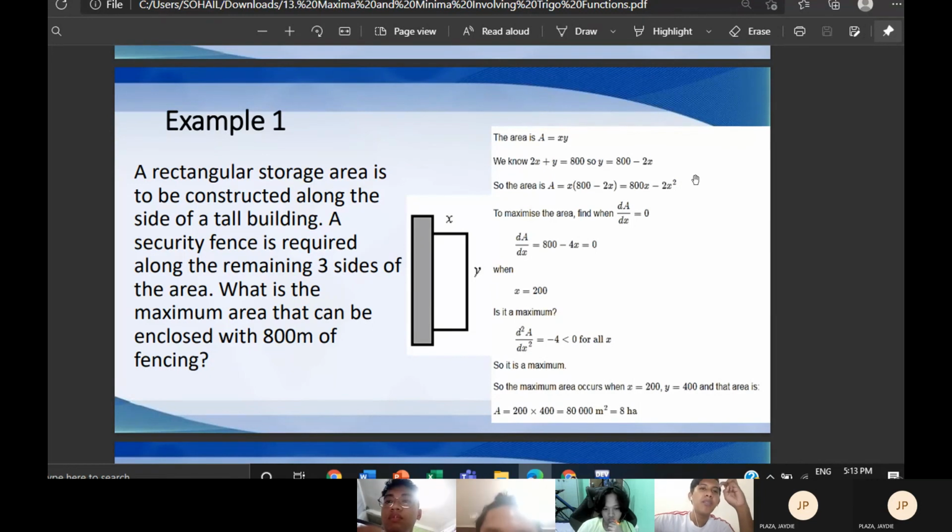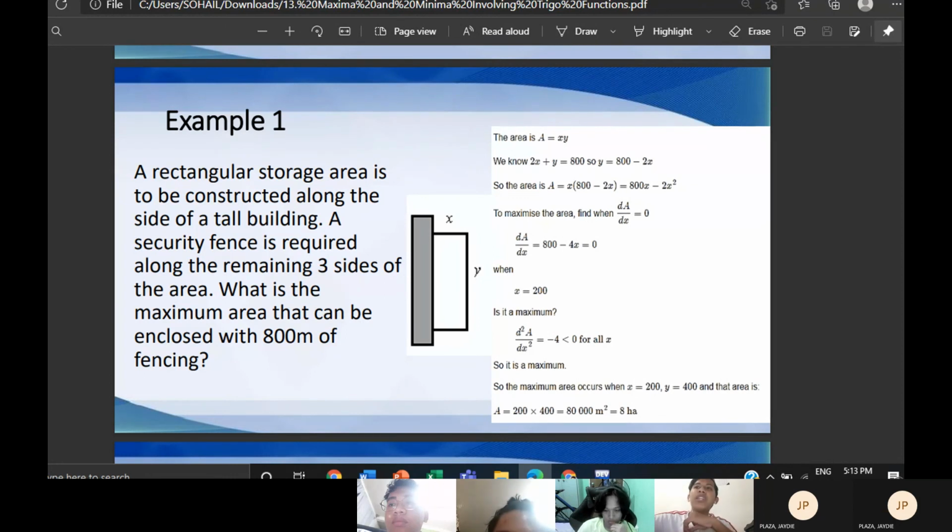So ang given ni Miss, ang area daw is equal to X times Y. Tapos alam natin na dalawa yung X. So, 2X plus Y is equal to 800, kasi yung given, 800 meter of fencing. Ngayon, yung 2X, itatranspose lang natin, kaya Y is equal to 800 minus 2X.